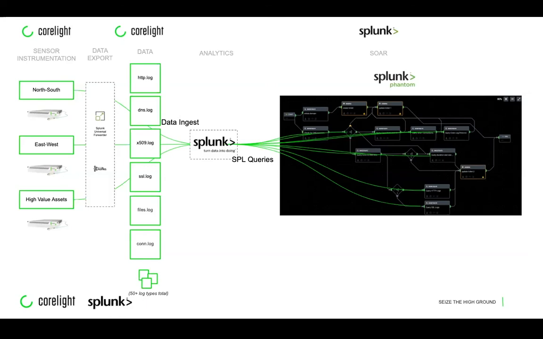So in this case, Phantom, as you see in the arrows here, will query Splunk back for that information to get more context on that incident, and make a decision on what to do next. Could be an automation step. Do I want to right away quarantine this device, or do I want to maybe send a notification to a responder to look at this issue?